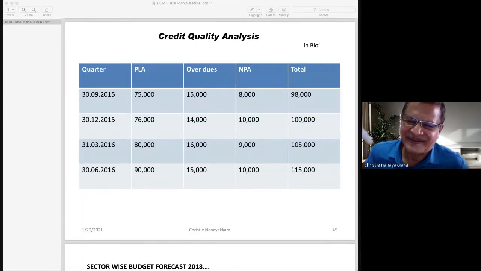So the risk weighted average will be based on the credit rating of the customer, and credit rating of customers at that time had not been done. It was something new. In 2004, when it was introduced in Sri Lanka, we started the credit rating system.